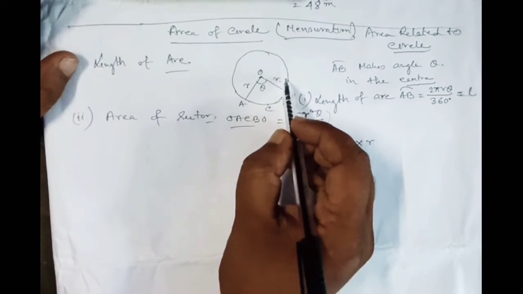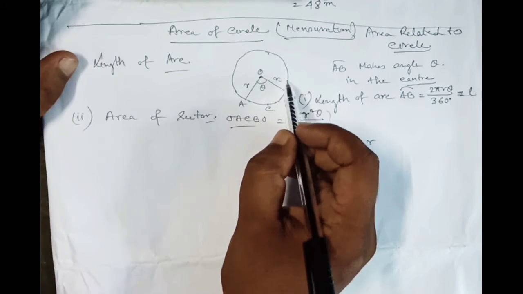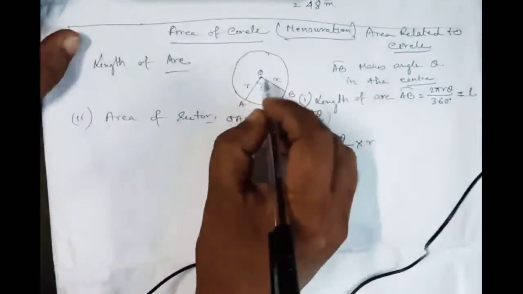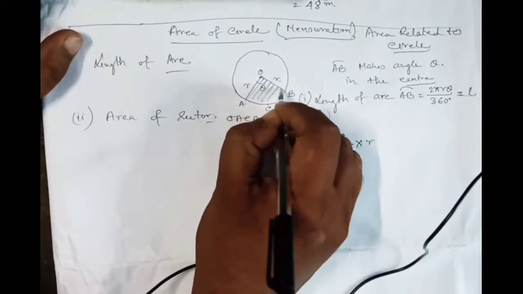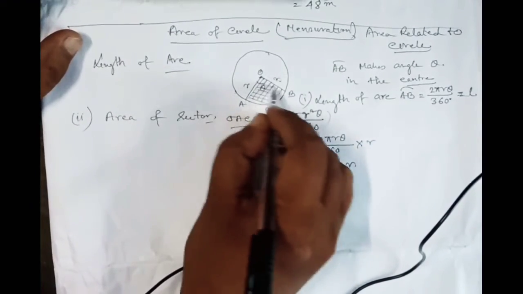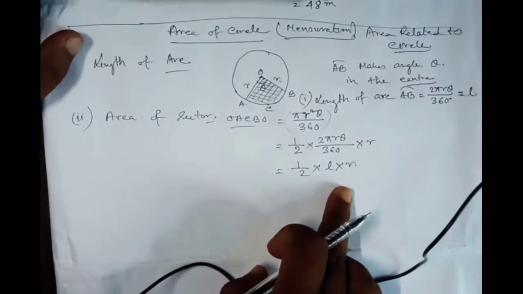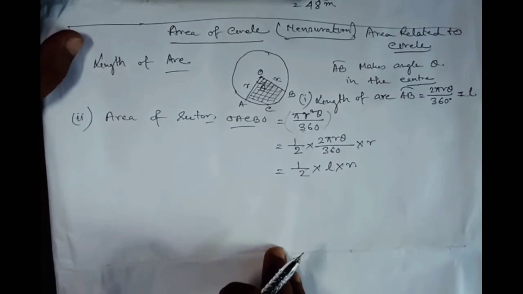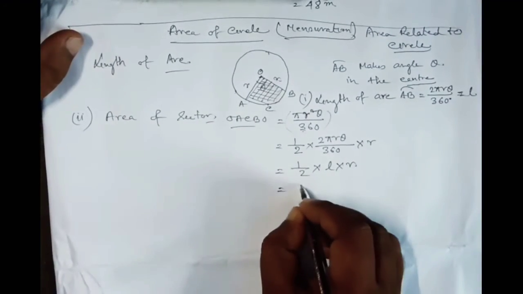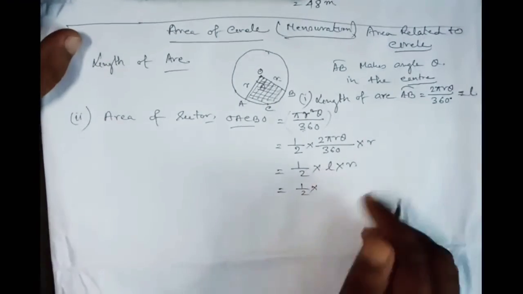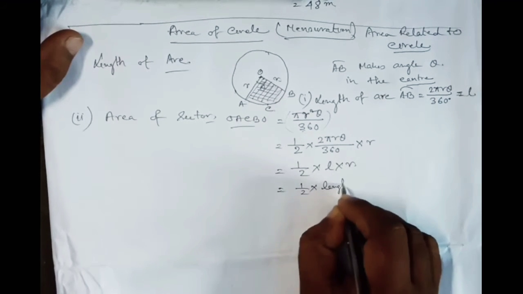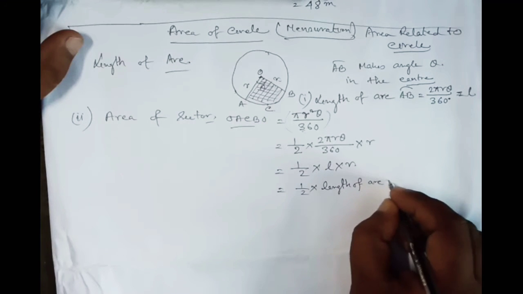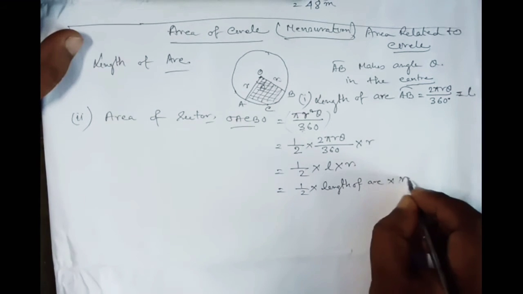Area of the sector OACBO. Understood? That is this sector. Area of this sector OACBO is half into L into r, that is half into length of arc into radius.